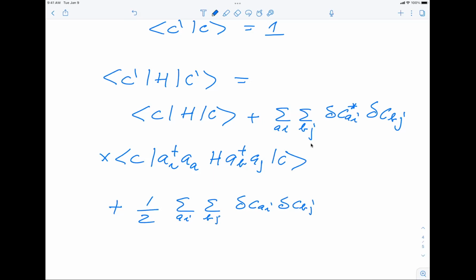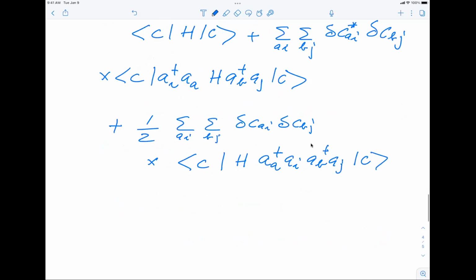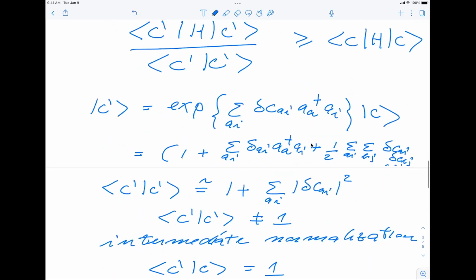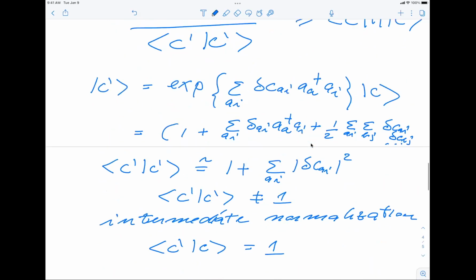This contains the matrix element of C, then the Hamiltonian H, and then an a dagger AI, b dagger AJ, acting on C. And since I'm truncating at second order in the parameters delta C, I'm going to get a new term here. That 1/2 comes from the Taylor expansion of the Slater determinants given by Thouless theorem.